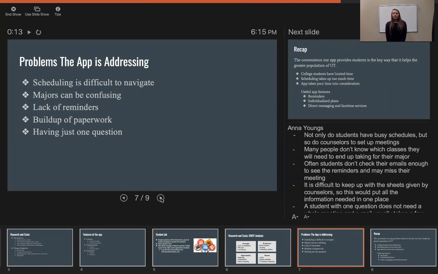Students don't always check their emails regularly, and so the app would just have a reminder pop up on the top of their phone the morning of so that they'll see it. There's a buildup of paperwork because there's a lot of information that advisors give students. So this would be able to put all this into one easy place. And a lot of students just have one easy question that they need to ask, and so they don't want to take up the advisor's time by scheduling a long meeting when it can be answered in seconds.